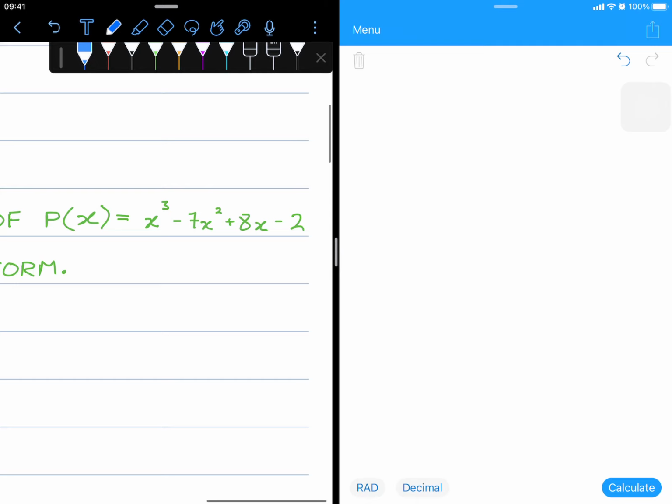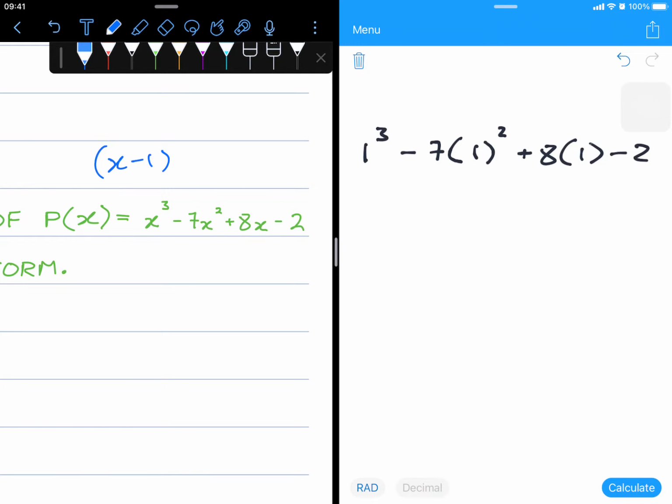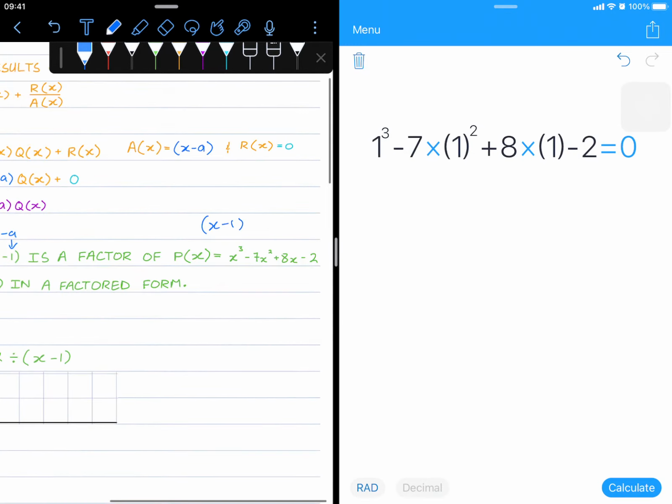If x minus 1 is a factor of this polynomial, that means if we substitute 1, so 1 cubed minus 7 times 1 squared plus 8 times 1 minus 2, if we evaluate this, we should get 0.